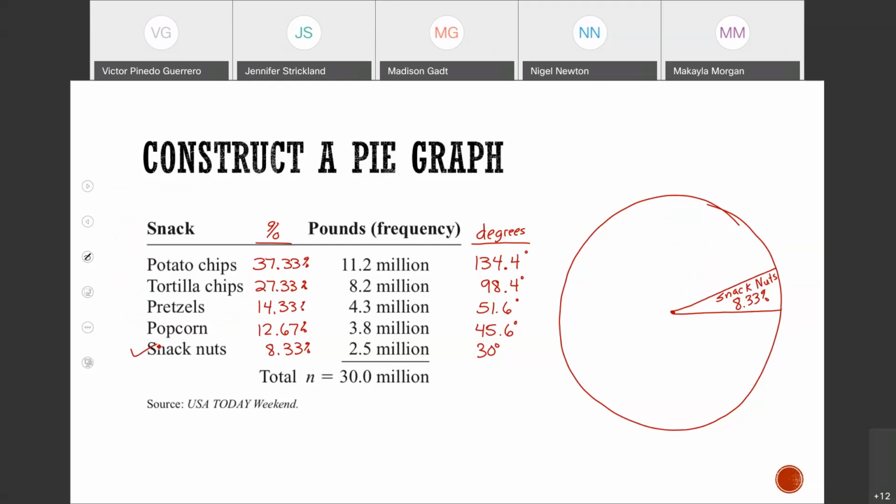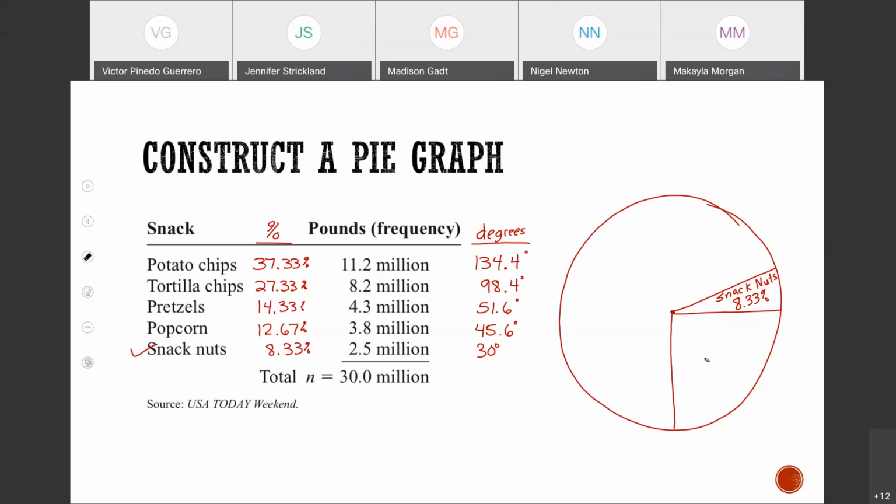All right, look at popcorn. Popcorn is basically a 45-degree angle, right? So again, if I drew another 90, I'm going to drop it straight down. So this is a 90 right here. How is 45 related to 90? Half. Right.